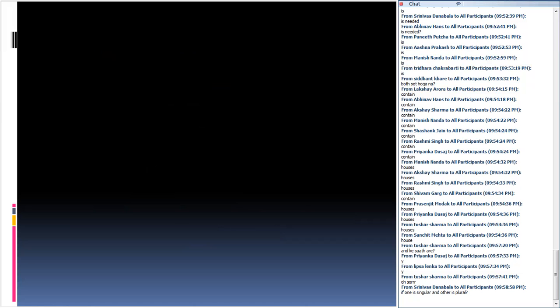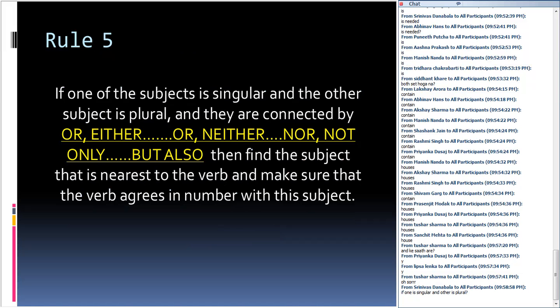Then हाँ, Srinivas, I'm coming to that. If one is singular, one is plural, फिर क्या करना है? I'm coming to that. Rule number 5. If one of the subjects is singular and the other subject is plural and they are connected by words like or, either or, neither nor, not only but also, then what are you going to do?